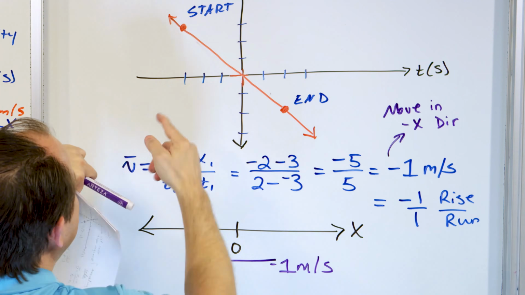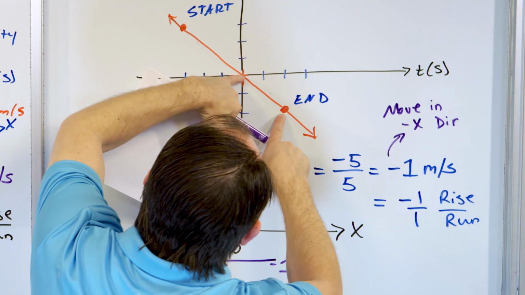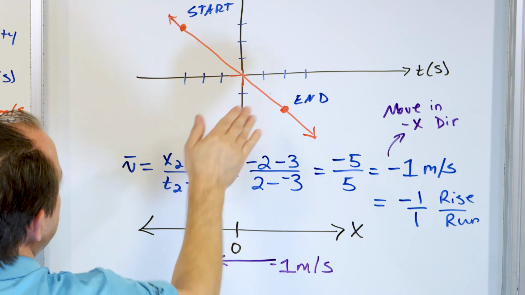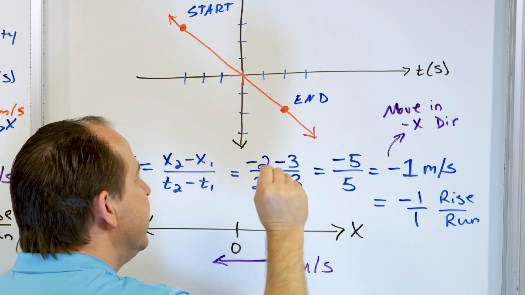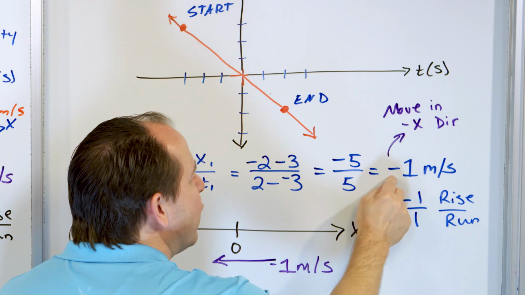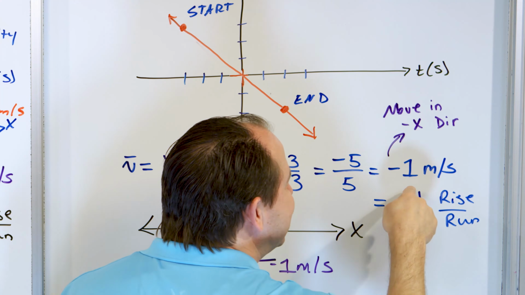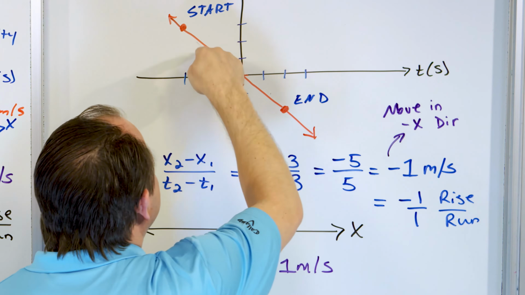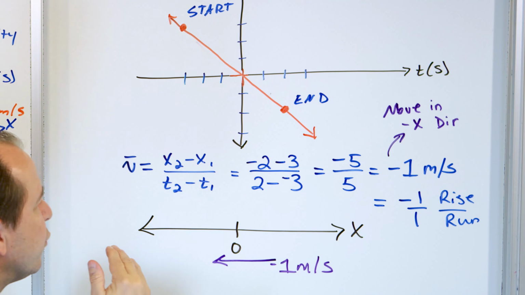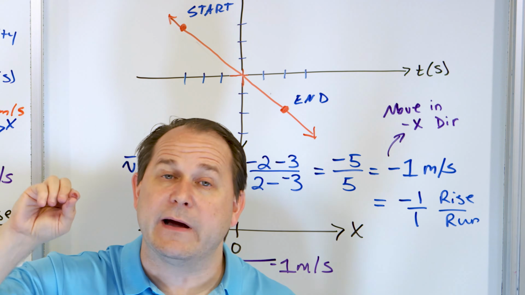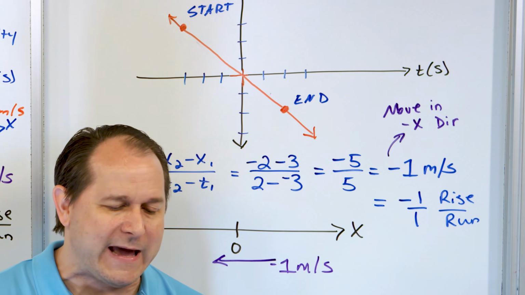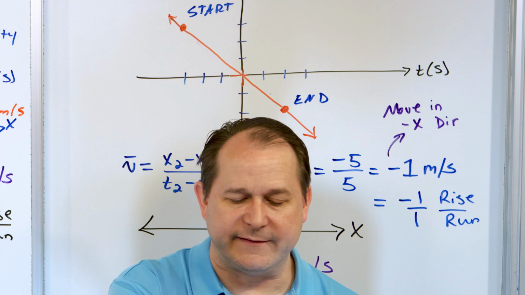I would encourage you, if you pick any other 2 points, like these 2 points, or these 2 points, or 2 other points that I haven't even put dots on, you will always find the velocity to be -1, because what -1 meters per second means is that I go down 1 meter for every second, and you can see that I'm doing that no matter where I'm at on this line, right? And the reason that the velocity is the same everywhere is because it's a line and the slope of a line never changes.